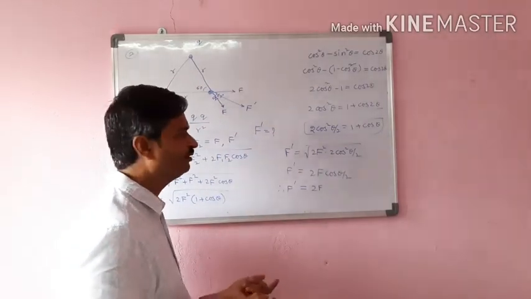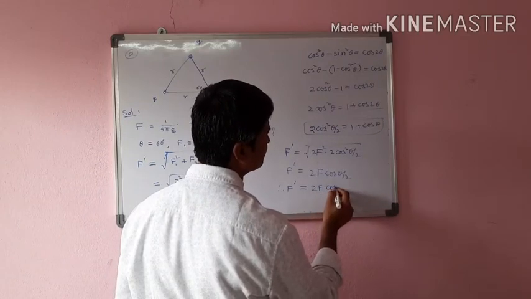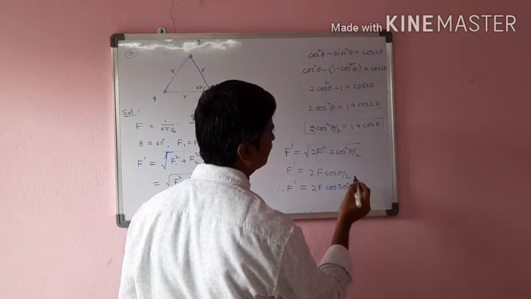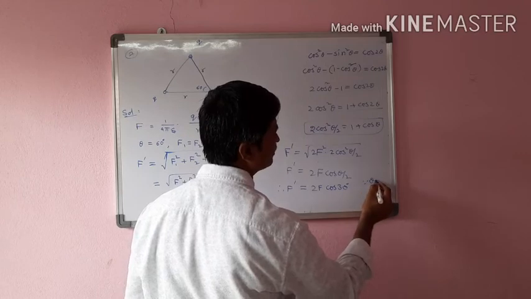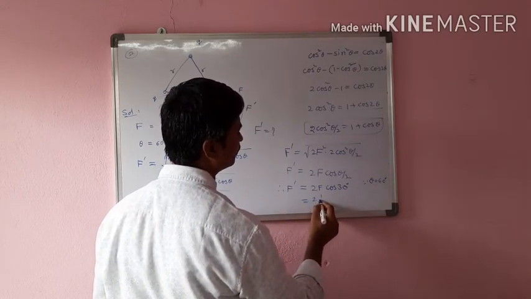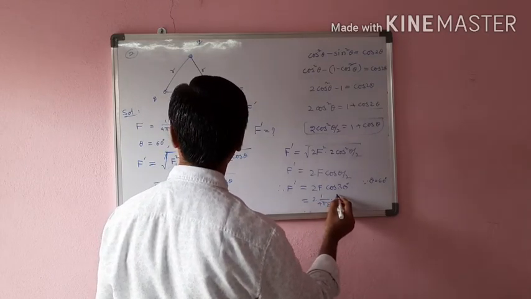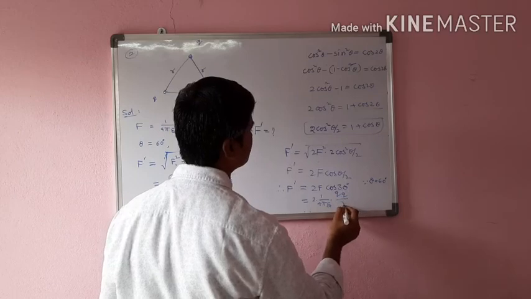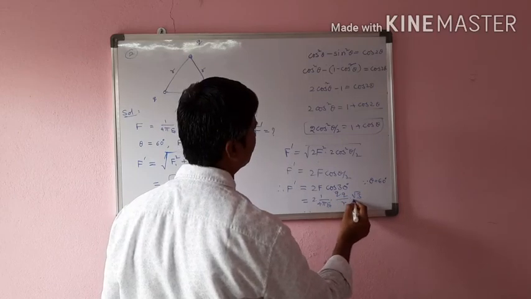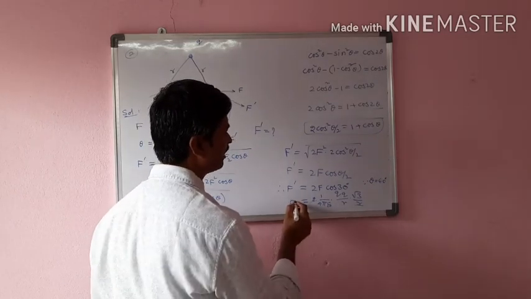Cos 30 is equal to root 3 by 2. So 2F into cos 30, since theta is equal to 60 degrees. Here we write 2 into 1 by 4 pi epsilon naught into Q by r square into root 3 by 2. These two will get cancelled. The resultant will be the answer.